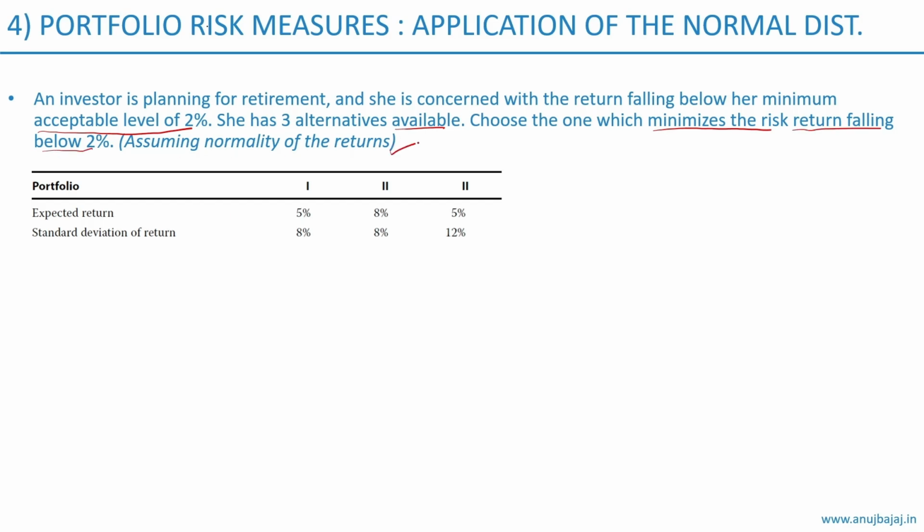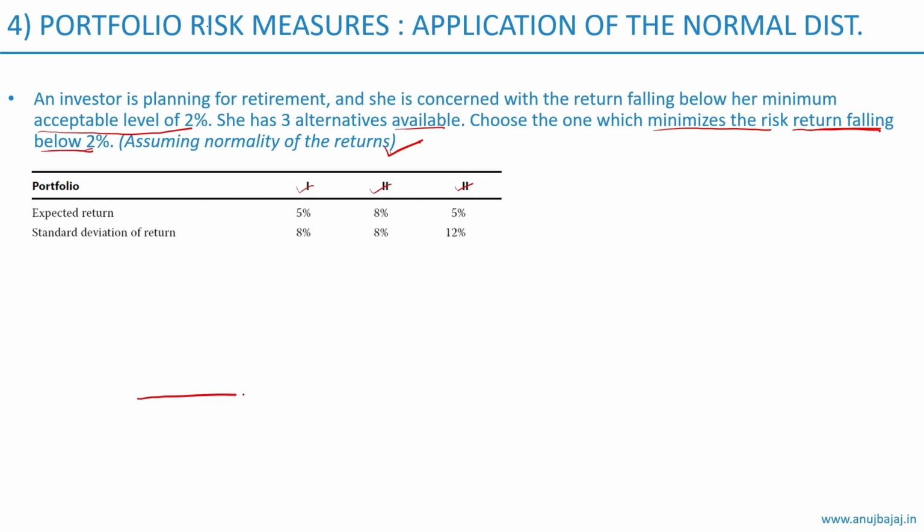Assume that all the three portfolios are normally distributed. So we have three portfolios and it is assumed that they are normally distributed. And we are required to find out which of the portfolio minimizes the risk of return falling below 2%, or which of the portfolio minimizes the probability of return falling below 2%.